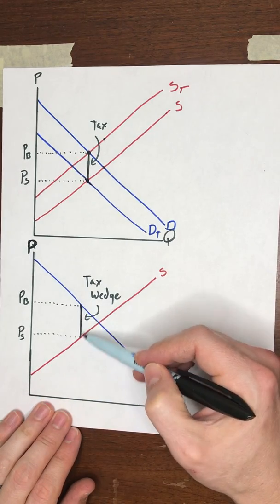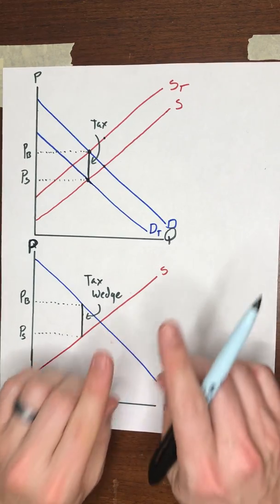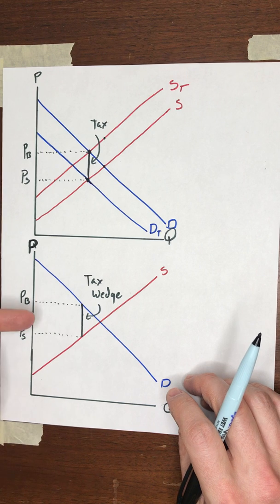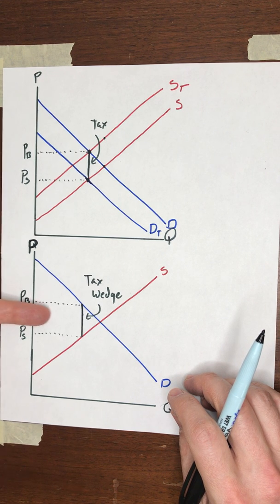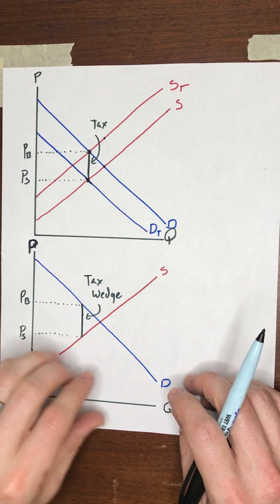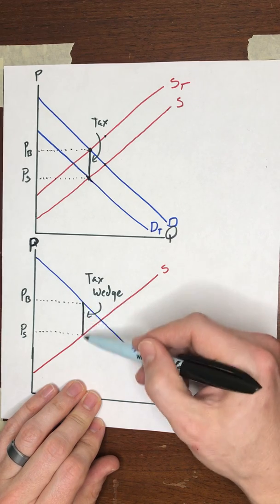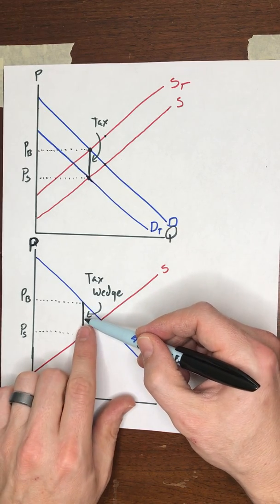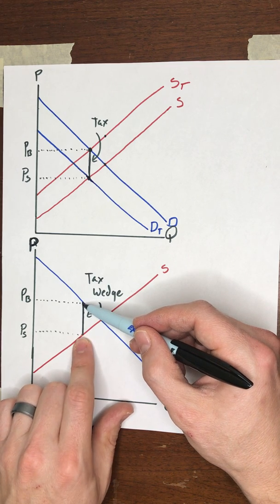By the way, you can think of this as being called a tax wedge for one of two reasons. One is the way that the authors show you in their slides: they start with this line to the left and then they push it in towards equilibrium until it gets wedged in between the demand curve and the supply curve. The other way of thinking about it is that when you tax a market, you are driving a wedge between the prices that the buyer pays and that the seller receives.